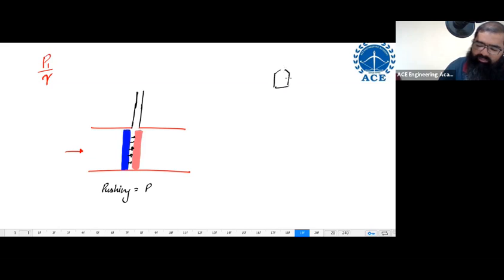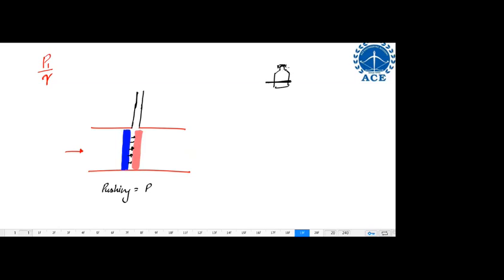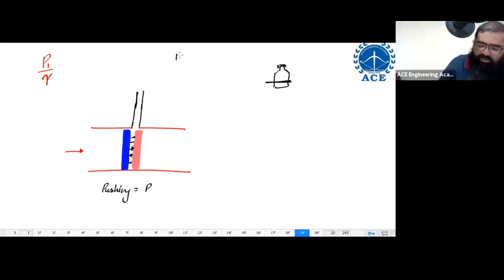Imagine you are having a bottle with a cap. When you press the bottle, static pressure, pushing pressure P, is available. But the moment you slightly open the cap, it is exposed to atmosphere. The pressure is now becoming zero.